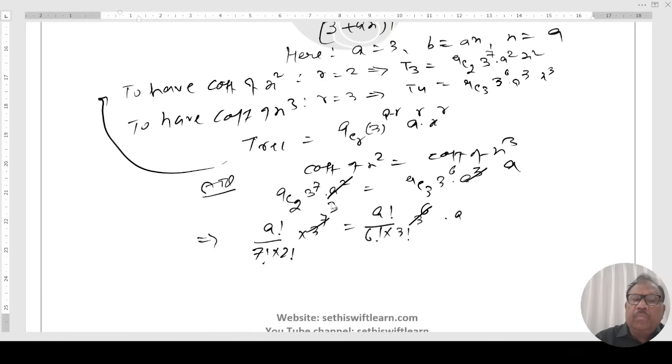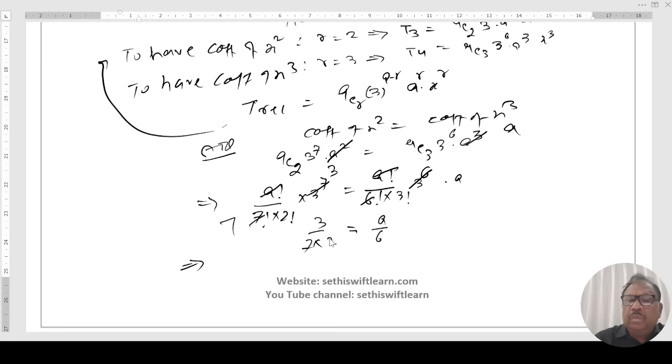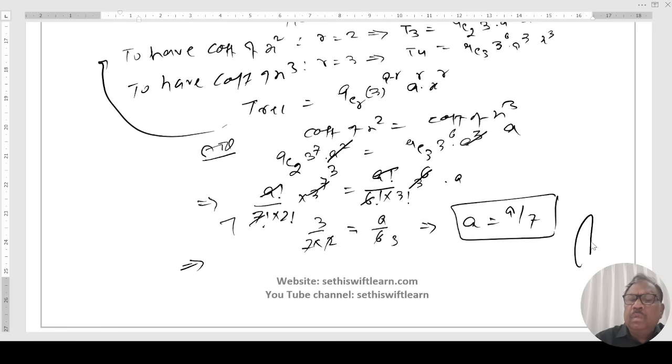This 3 remains. Now simplifying further, the 9 factorial cancels, the 7 remains, the 6 factorial cancels, so the remaining is 3/7 into 2 equals a/6. So 3a comes out to be 9/7. That is the answer.